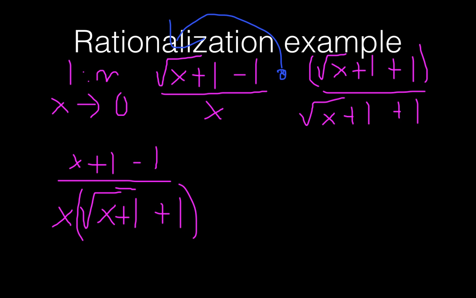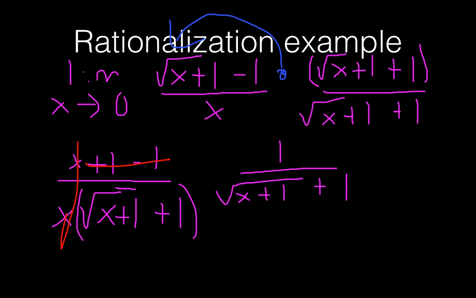As we can see, there's a plus 1 and a minus 1 in the numerator, which means that those will cancel out, which leaves us x over x times the square root of x plus 1 plus 1. And since there's two x's there, those will cancel out as well, which leaves us with 1 over the square root of x plus 1 plus 1.